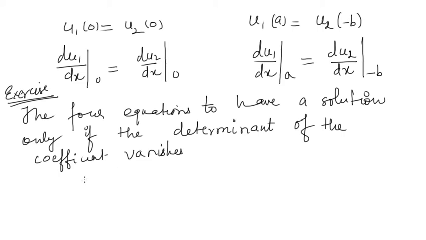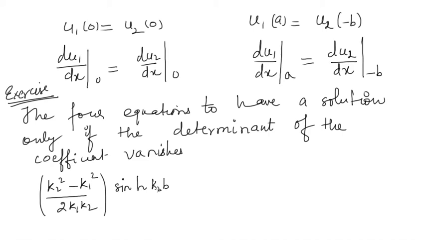If I do that, what do I get? (k₂² − k₁²)/(2k₁k₂) sinh(k₂b) sin(k₁a) plus cosh(k₂b) cos(k₁a). Okay, these are k1, k2, k1, k2.